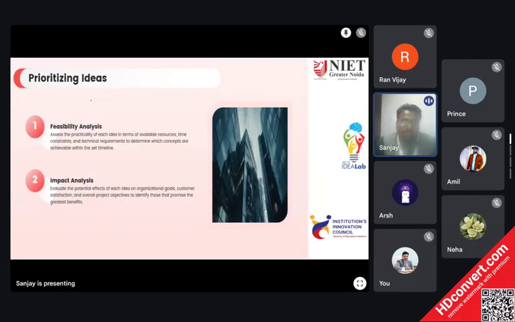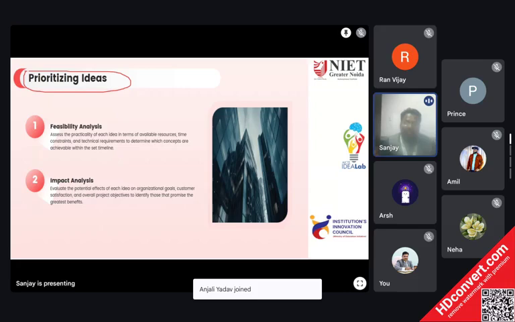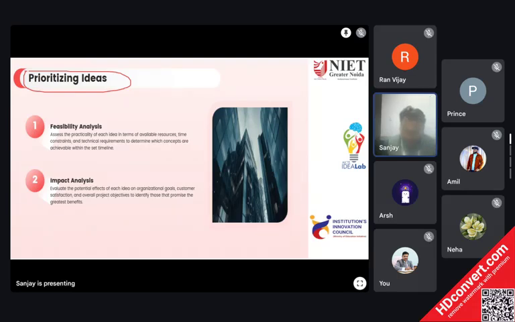So after this, if there is an idea that can be received, we have to prioritize the idea. Prioritizing the idea means first the feasibility study and second the impact study or analysis.